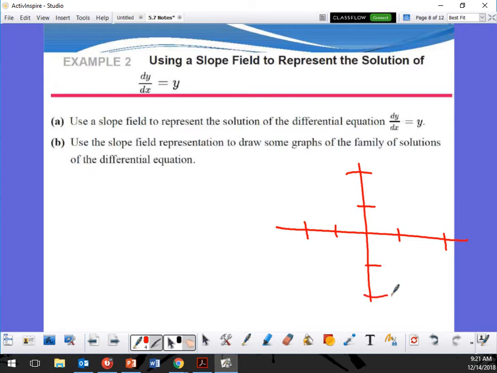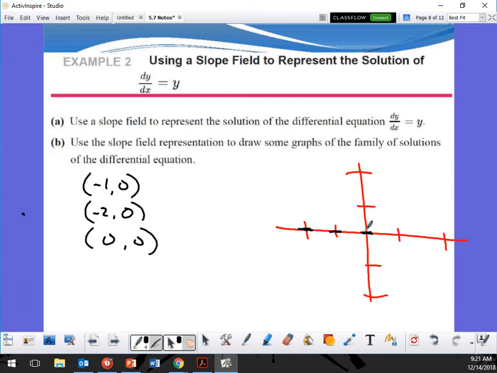When x is -1 and y is 0, the slope is 0. At -2, what is my slope? -2 and 0? It's going to be 0. And let's go 0, 0.